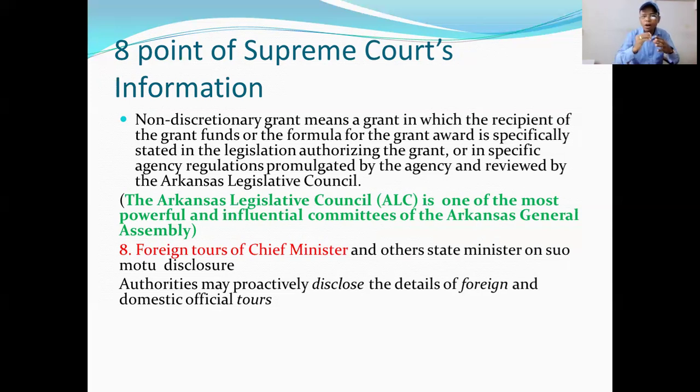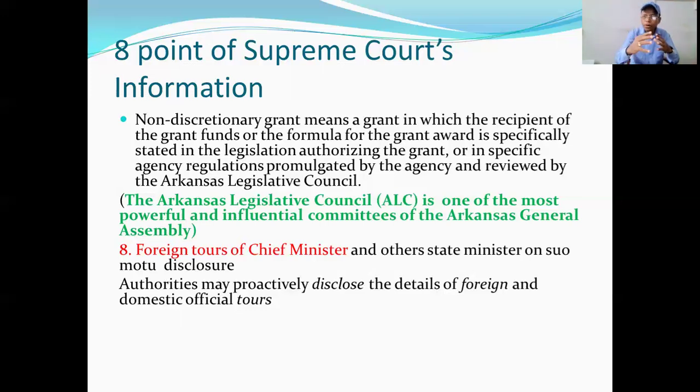What is the meaning of Arkansas Legislative Council? It is one of the most powerful and influential committees of the Arkansas General Assembly.